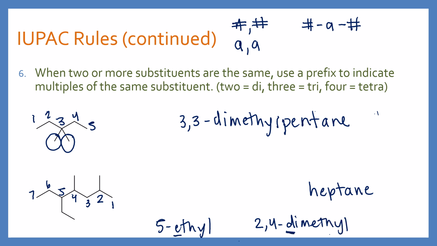D comes before E, but we're not going to use the D. We always do our alphabetizing using the substituent name, and the substituent name is methyl. So we're going to ignore the di when we do our alphabetizing. So I actually wrote these out in the correct order already. 5-ethyl, 2,4-dimethylheptane. So that's 5-ethyl-2,4-dimethylheptane.